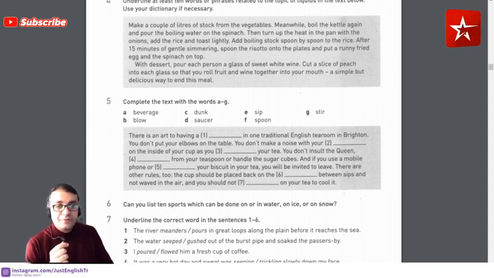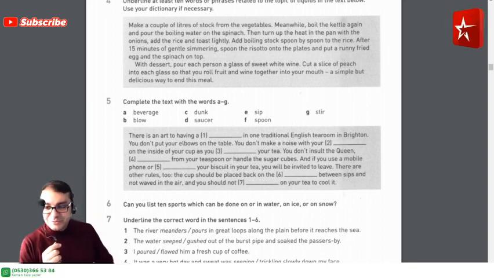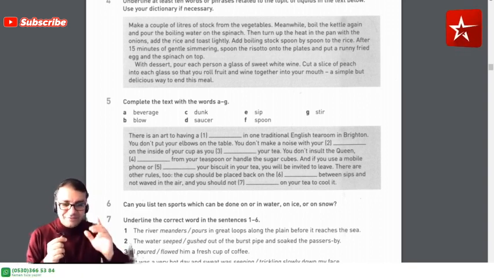What do you think? Number 2. Well, 2 is F. Typhoon, thank you so much. It's spoon, actually. 2 is F, yes, spoon.